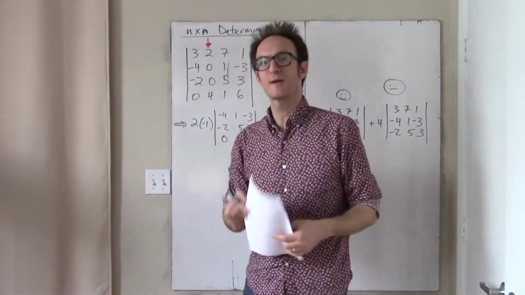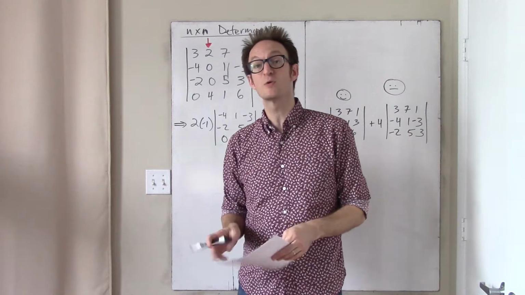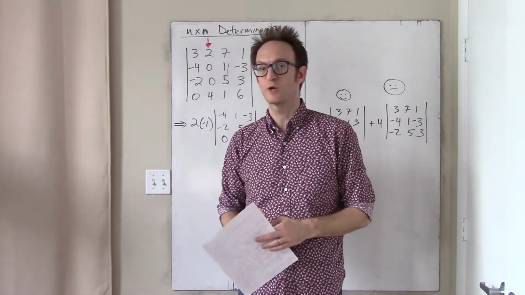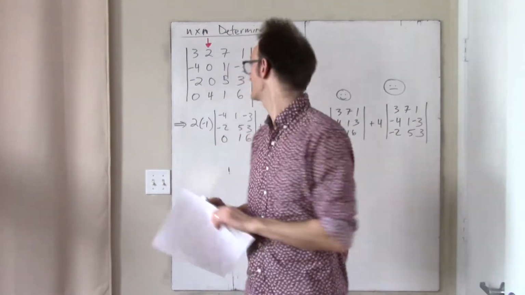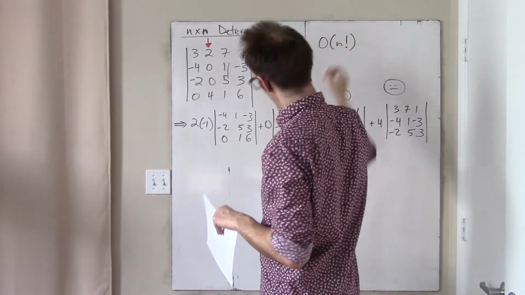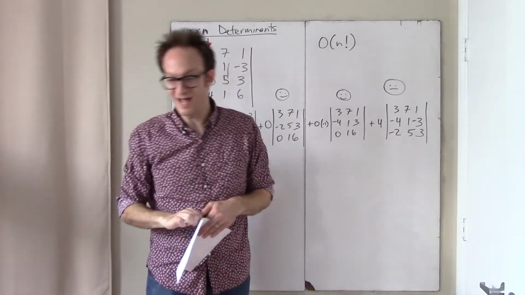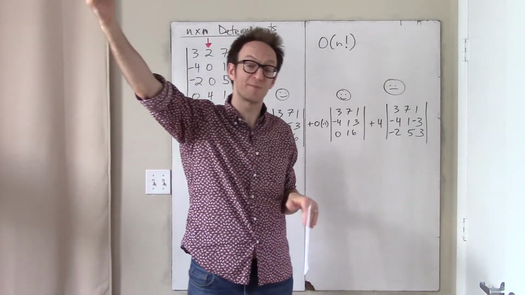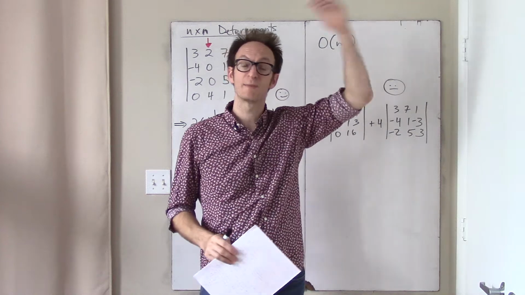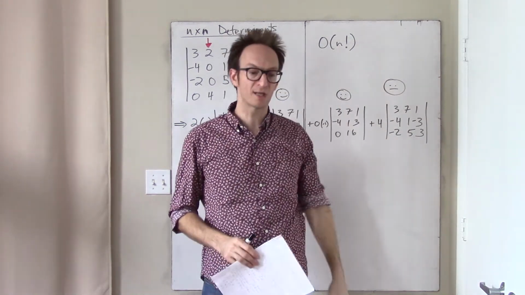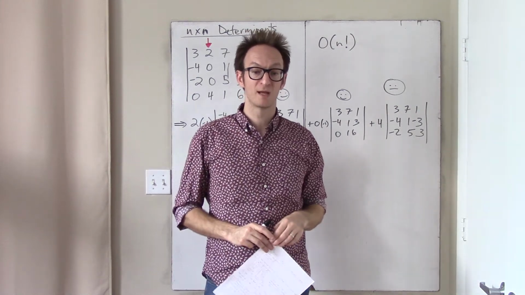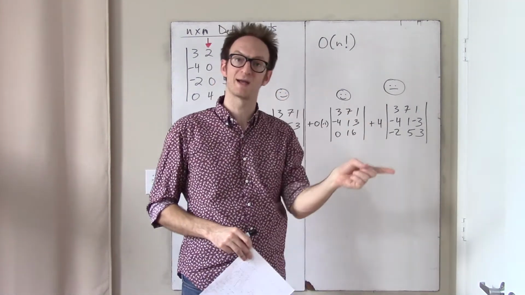Okay, so if you're taking computer science right now and you want to analyze this algorithm for its efficiency, you would say that this is like big O of n factorial. As the size of the matrix increases, if you give me a 7x7 determinant to compute, I have to do 7 6x6 determinants.